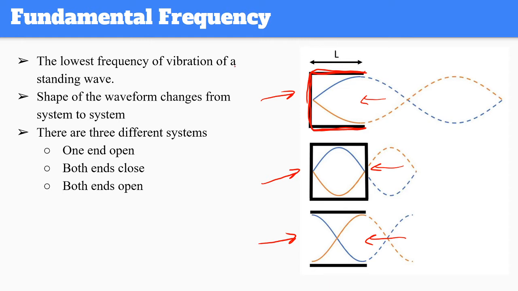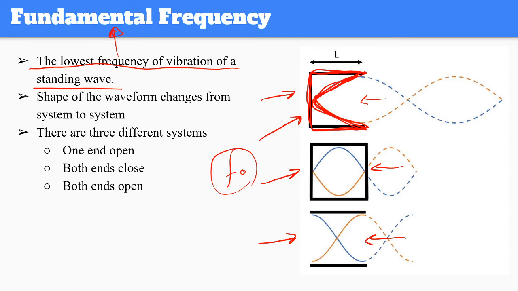And we have one definition: the lowest frequency of vibration of a standing wave is basically the fundamental frequency. So to be able to create this wave pattern, you're going to require the lowest frequency that you can ever have, and this is your fundamental frequency, and it is shown by F0.